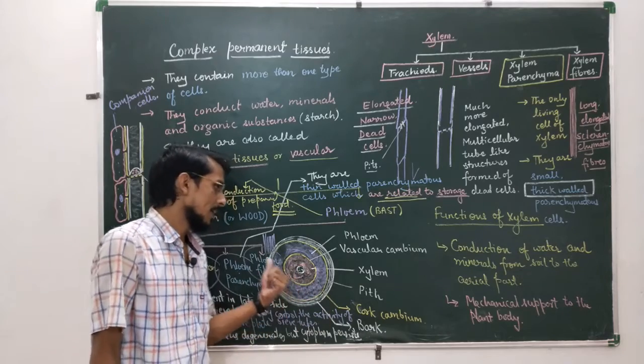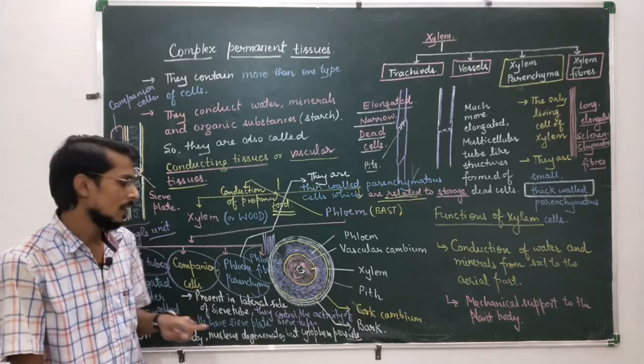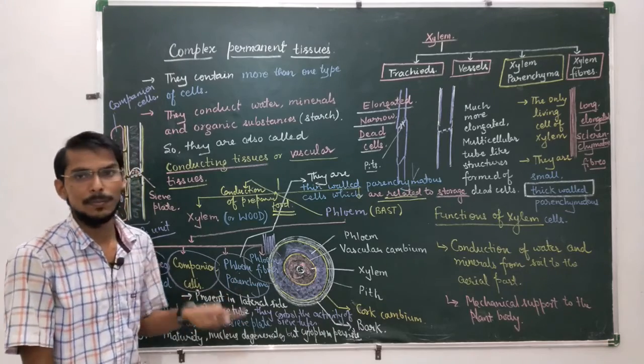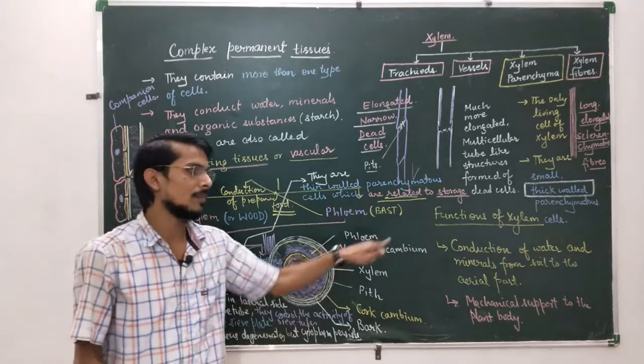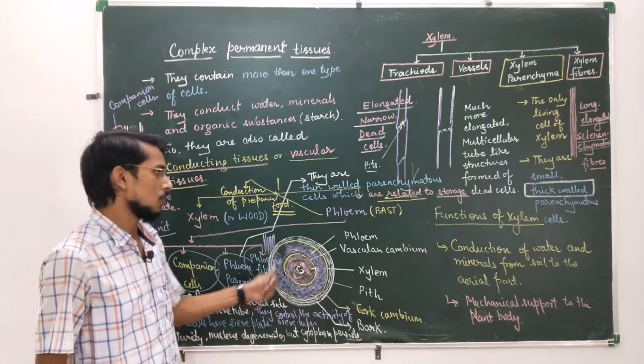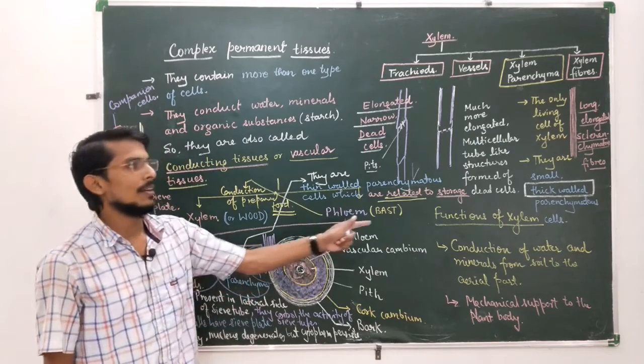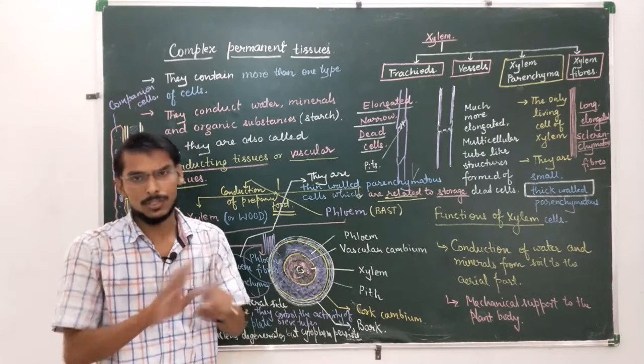But phloem stores starch. So these are again 2 differences. Phloem conducts prepared food, whereas xylem conducts water and minerals. Third, phloem stores starch in phloem parenchyma, but in xylem there is no storage.